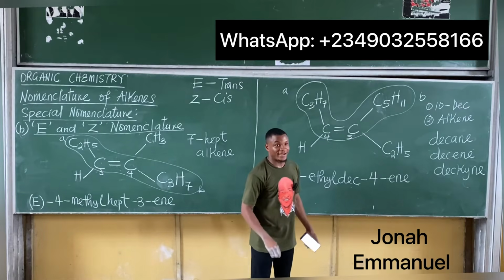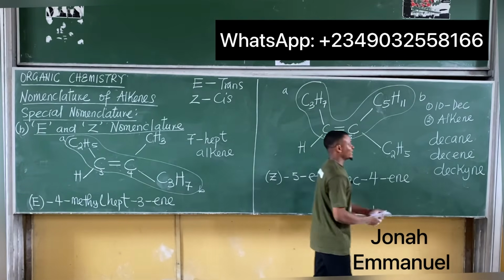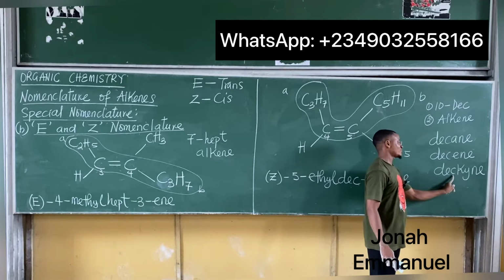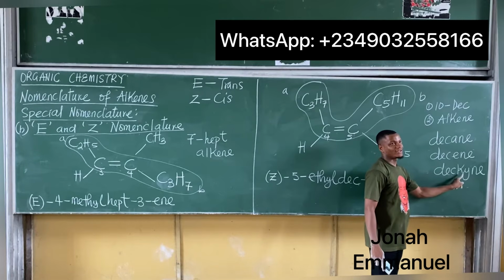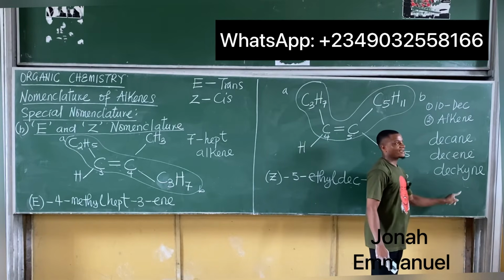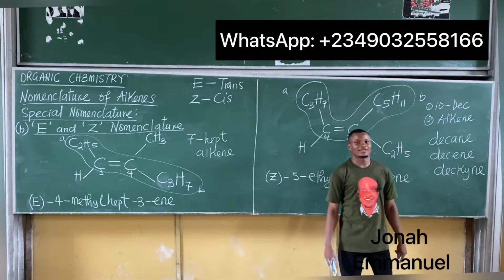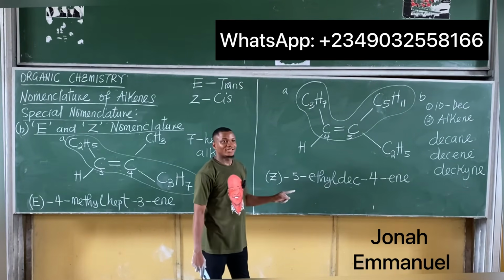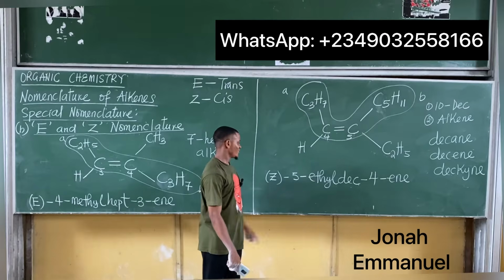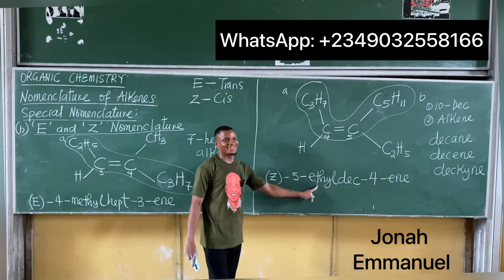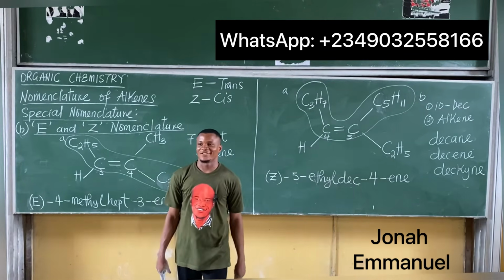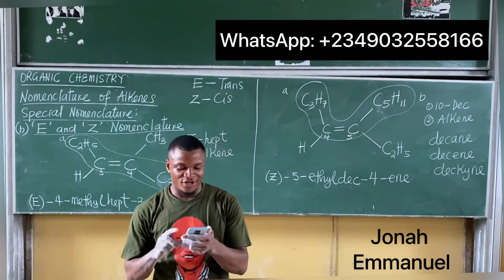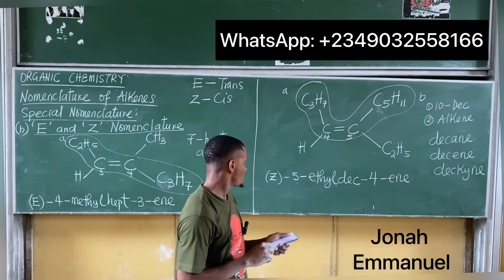Yes. If this is Bec, it's called Bec, deck, decene. Right. So it's called decene. All right. So decene. Okay. Z-5-ethyl-dec-4-ene, please. That's the name. All right. Moving on, please.